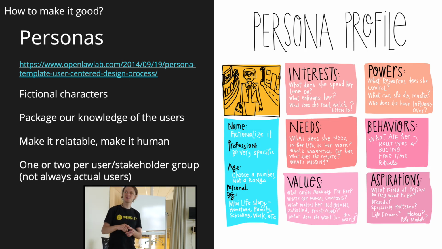Then you design your software, and you print this out and put it on the wall in your room full of developers and coders. And then they get excited. They go, oh, we'll add this cool feature to the software, and you come in and say, we have this user, and you point at the piece of paper on the wall.